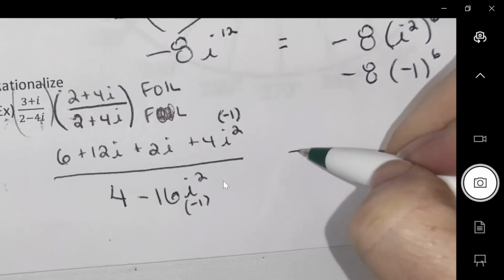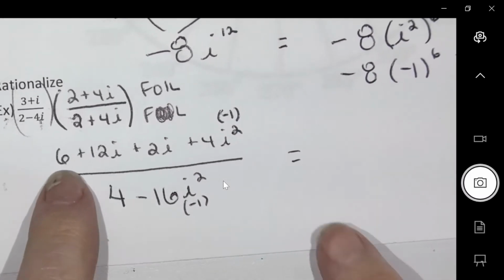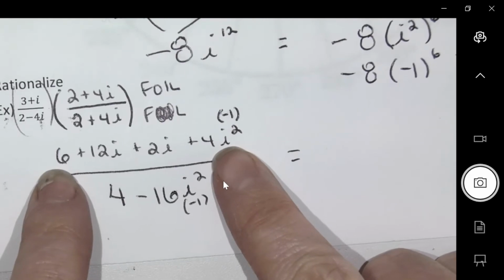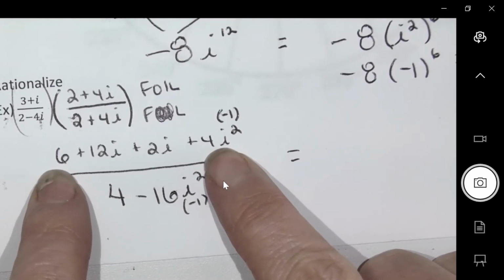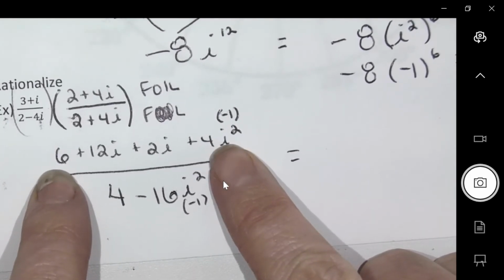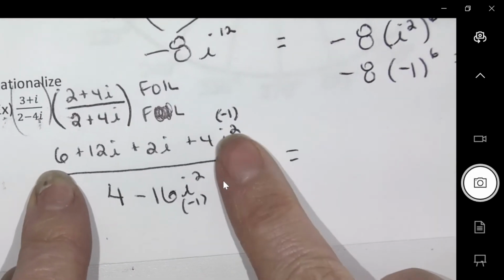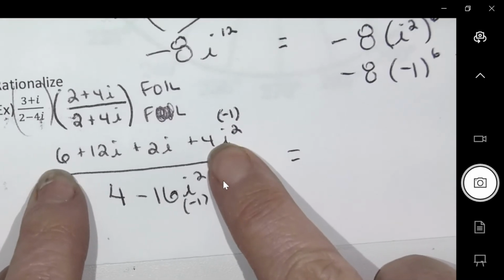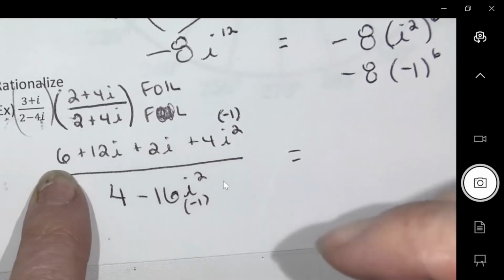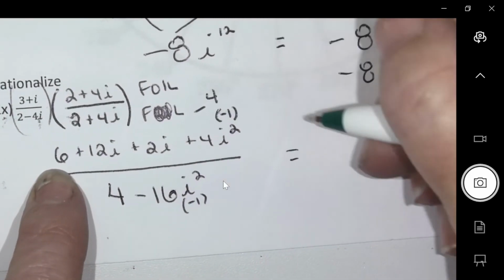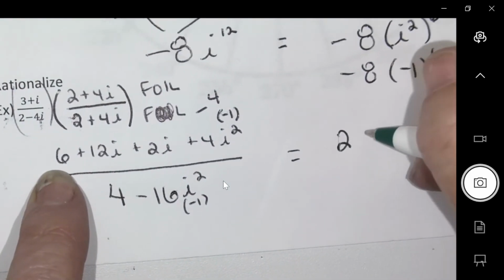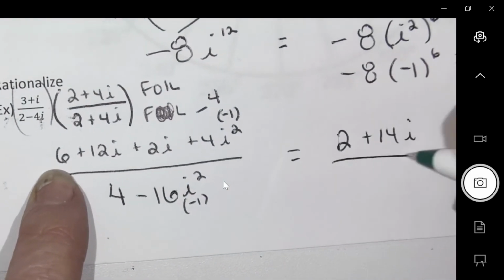Okay, so I'm going to put this together on the top. I have a 6, and are you okay if I do this? -4. You see where I'm getting a -4 from? Or do you want me to write it out? That's -4 now. So 2 plus 14i.